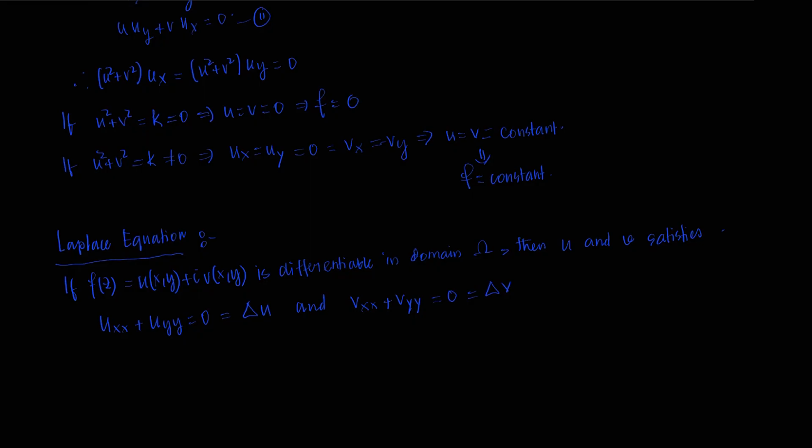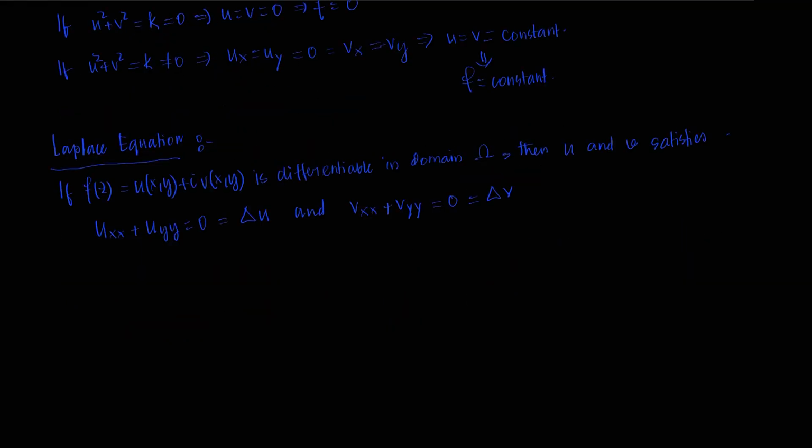So essentially, the real and the imaginary parts, of course, satisfy the CR equation, that we already proved. It does more: it satisfies something called the Laplace equation. So it satisfies Laplacian of u and Laplacian of v equal to 0.